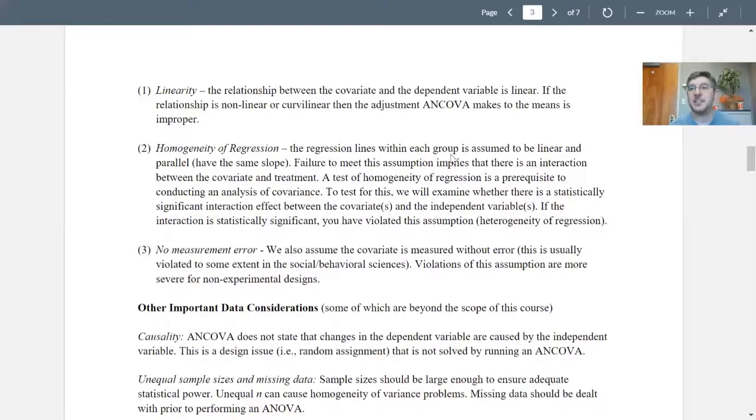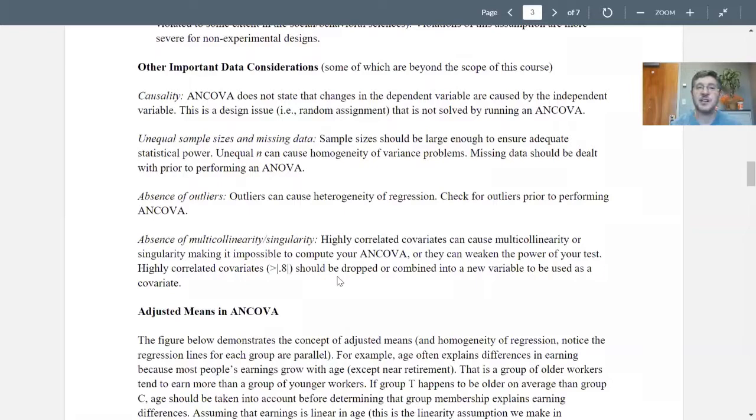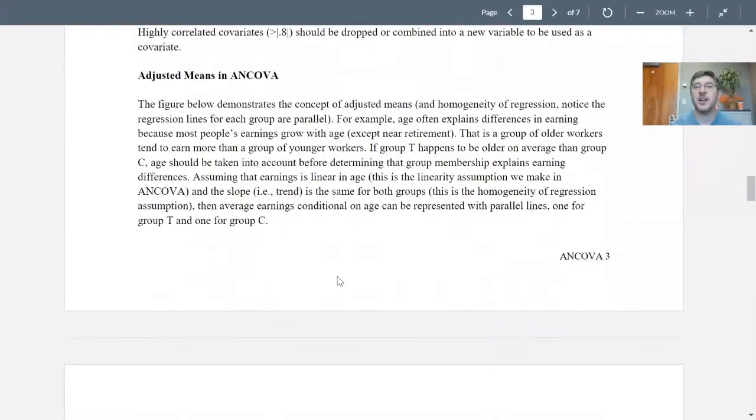The general recommendation is, if you're using a well-established measure, maybe like IQ or a standardized test score, you'll probably have an estimate of the reliability for that measure, and you'd usually want to report that in your write-up as well. Tabachnick and Fidell's chapter talks about some other important data considerations you can read through.